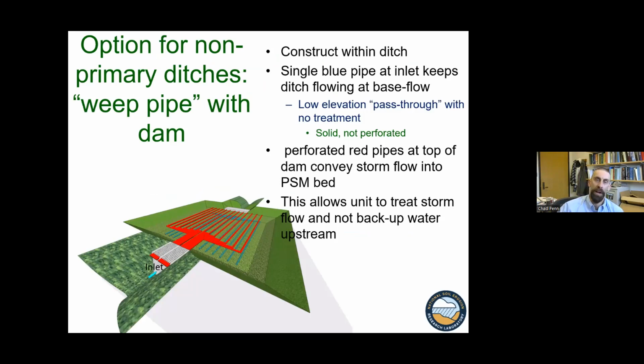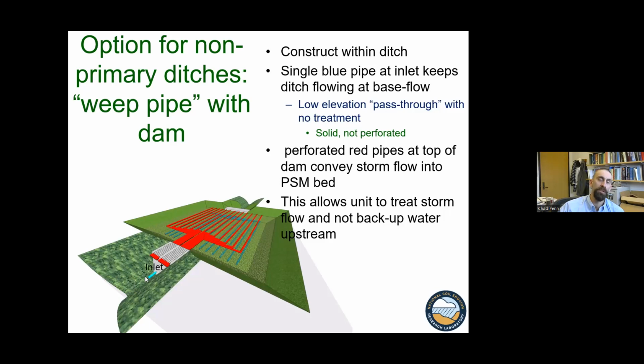Another thing you could do for a non-primary ditch is to build it directly within the ditch, but use a weep pipe to allow the ditch to drain all the base flow during your regular, non-storm flow events. And then with the dam, so here we have the inlet, the blue pipe is your weep pipe that just lets the base flow pass through it.